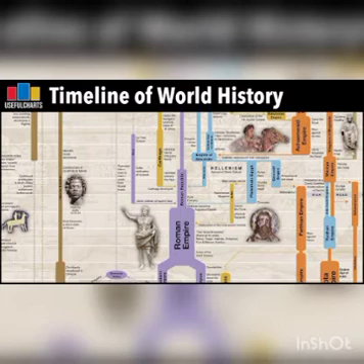Now we see that time is continuous, but people have divided it into days, months, and years. History is also continuous. The past is a very vast period of time. Vast means a very long period of time. History means the study of past events.